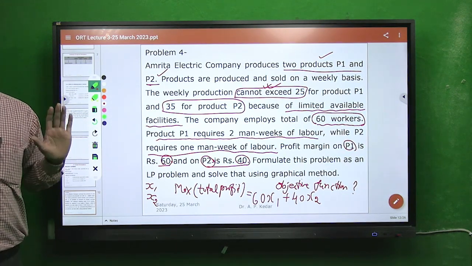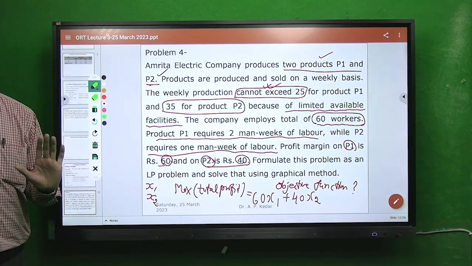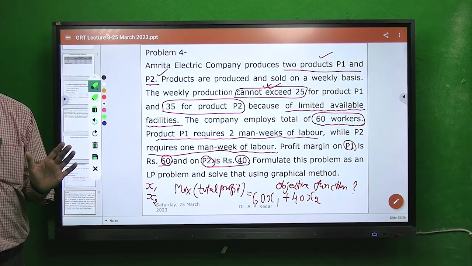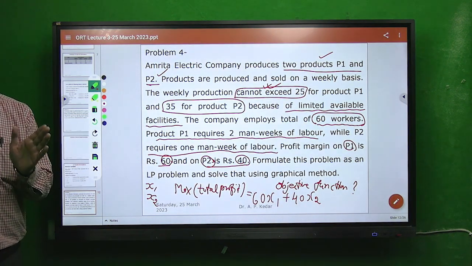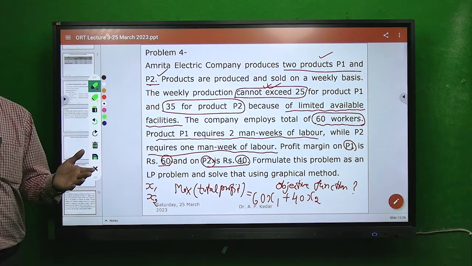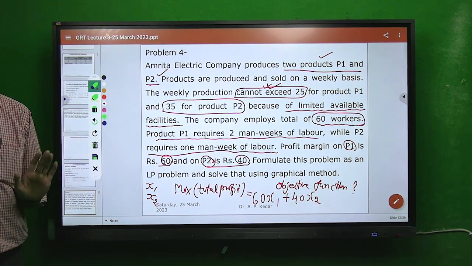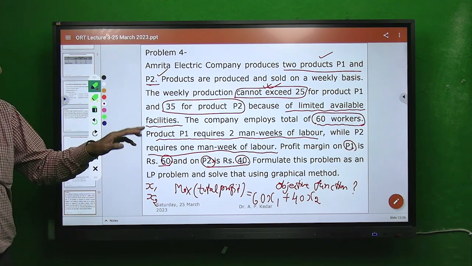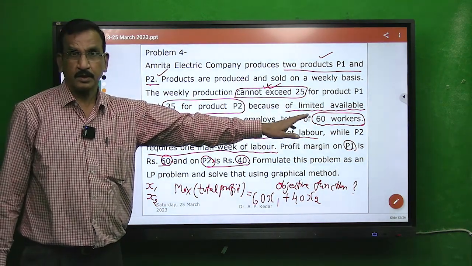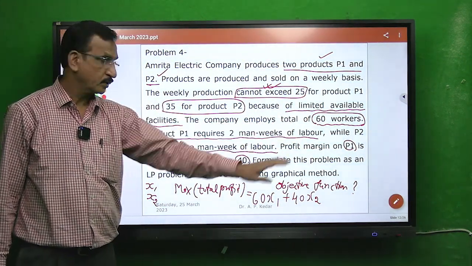It means that is the maximum availability of workers with the company. It cannot be 61. At the most it can be 60 or less than 60. It may be 10, it may be 20, it may be 59, it may be 60, it cannot be 61. So for that we have to use the sign less than or equal to.